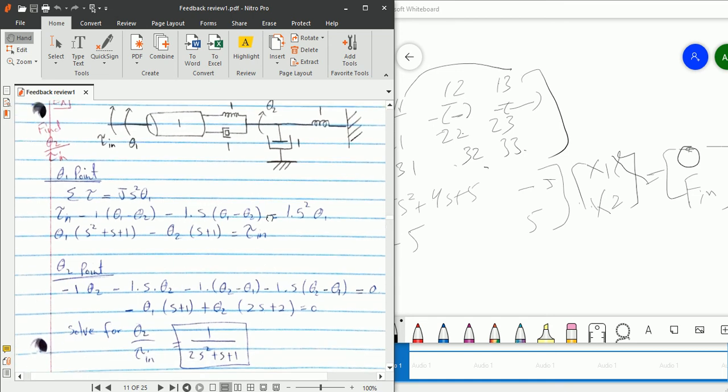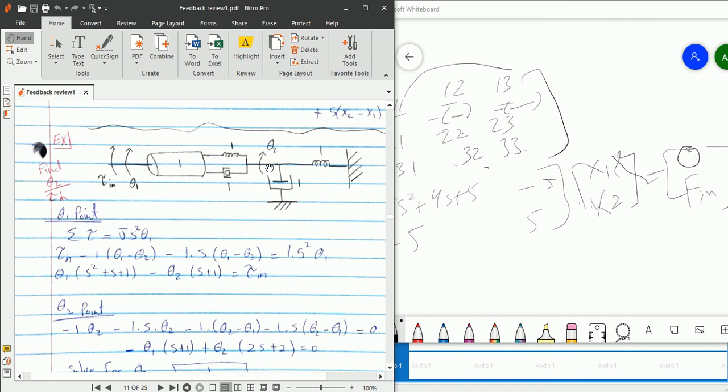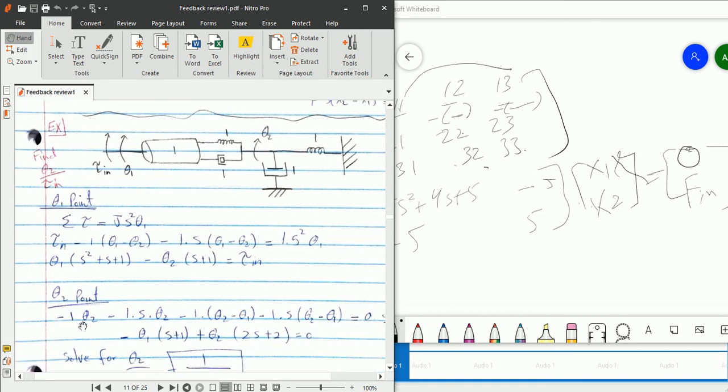So for the theta 2 point, we discuss it: minus 1 dot theta 2. What is this? It is connected to the static body, like a wall, minus 1 dot s theta 2. Here you can see 1 dot theta 2, because these are on the right side, these have no links with the in between theta 1 theta 2.